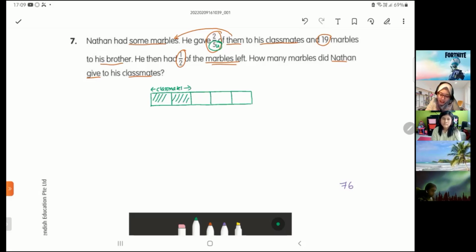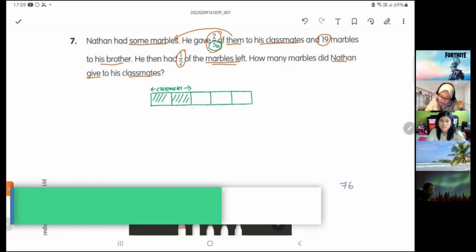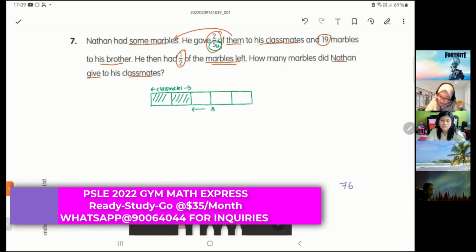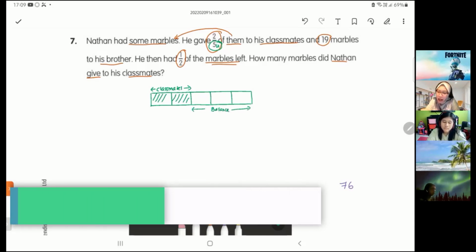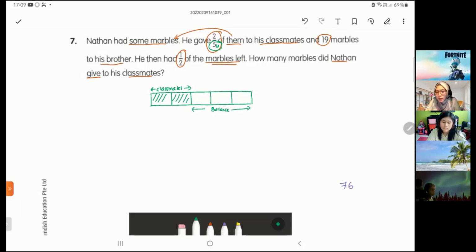What I know is he had half of the marbles left. So if you look at the model, if I want to make it into half left, the balance is 3 units, including the 19. This is the balance, or the leftover. How do I make the leftover to be 2 parts? Not possible, correct?